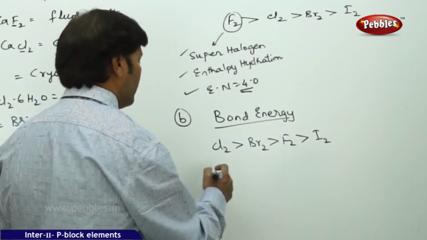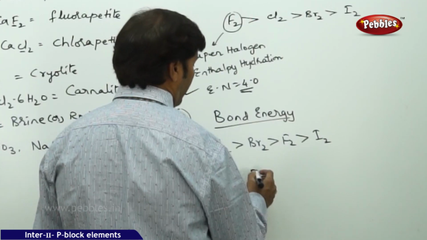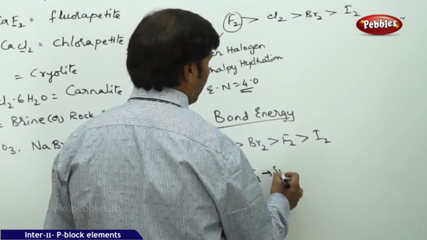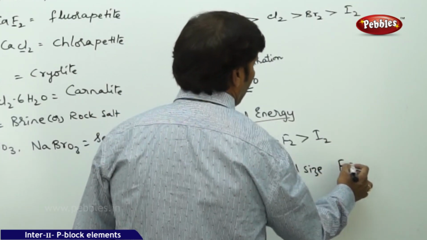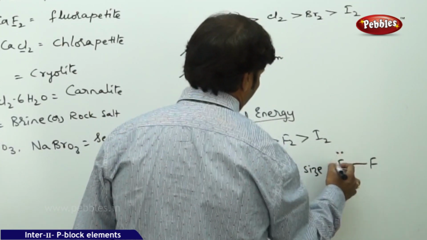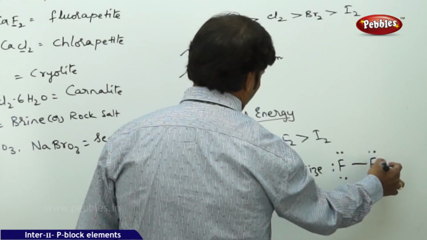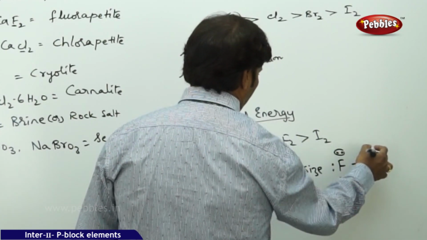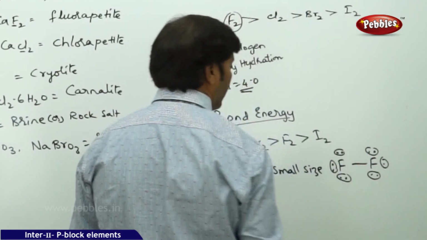The reason is that F2 is small in size, and in the actual structure of fluorine it has non-bonding pairs of electrons. Each fluorine has 3 lone pairs.